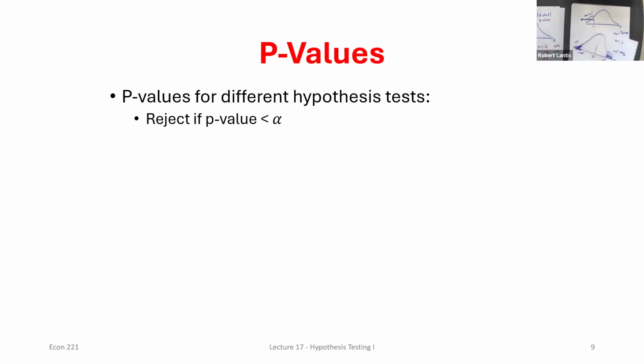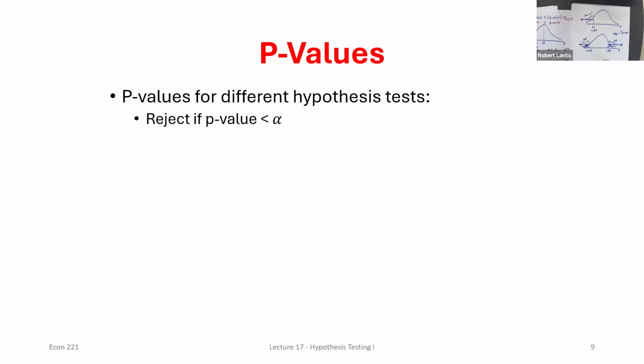We said anytime my critical value is less, in absolute terms, than my test statistic, inherently my p-value, or the probability I saw that test statistic or anything greater, has to be less than alpha. This has to be true in order for us to reject.